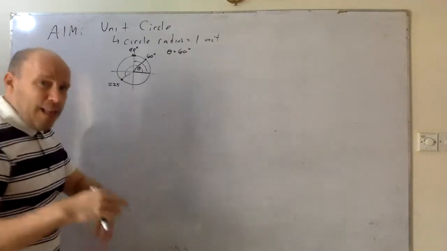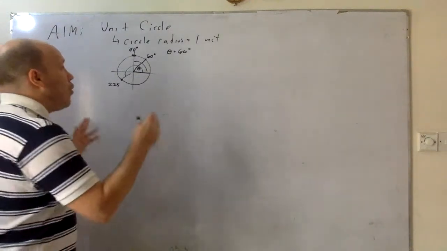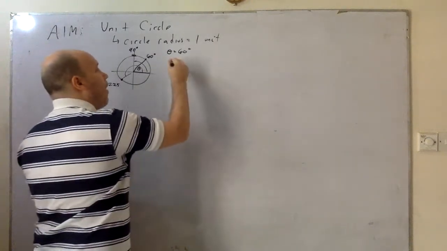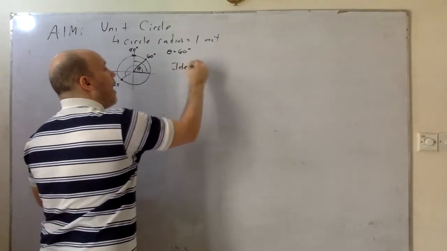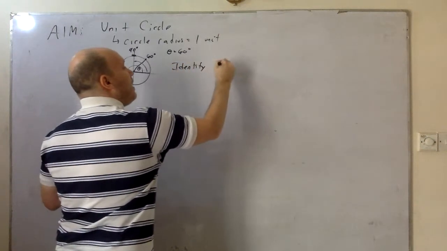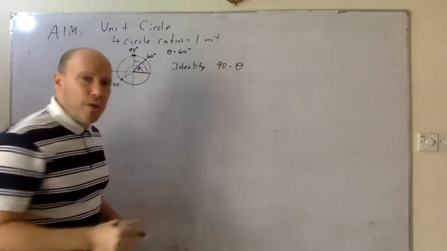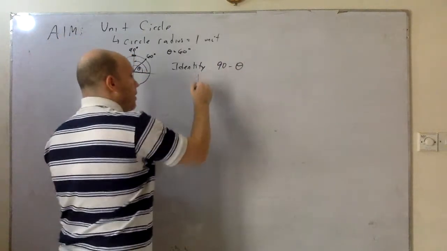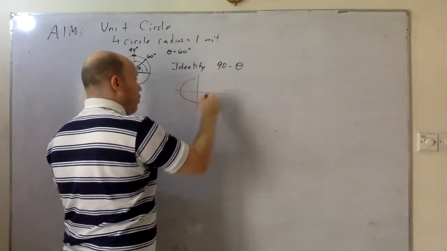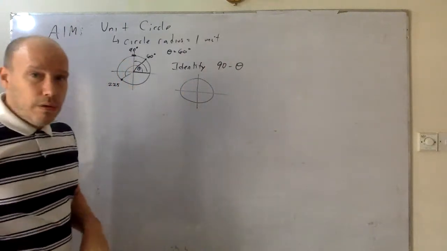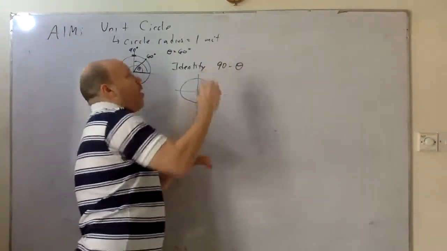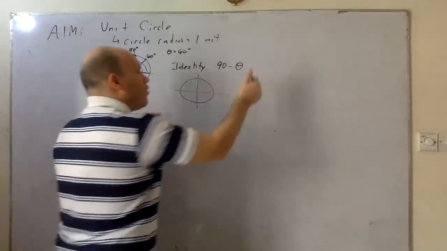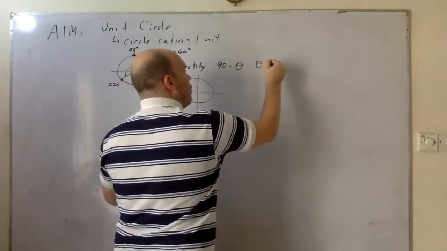In an exercise that you're going to do, you're going to be asked to identify 90 minus theta on the unit circle. So the idea is you draw your unit circle, and assume that theta is acute.